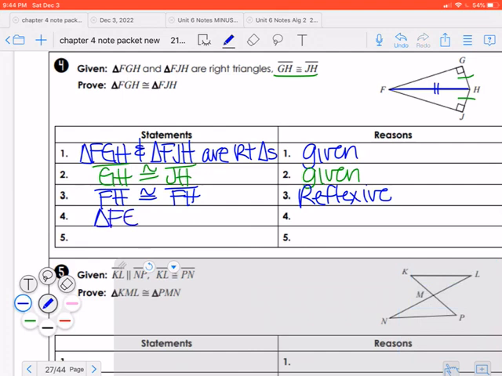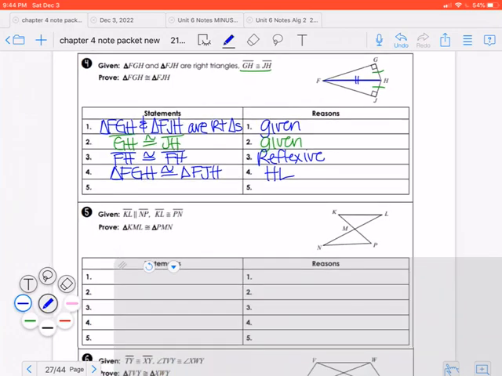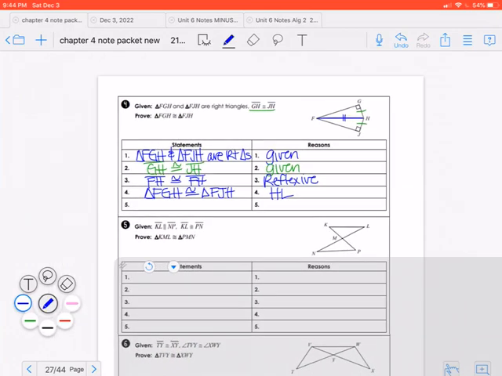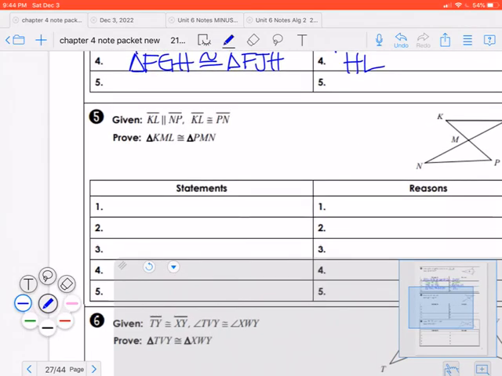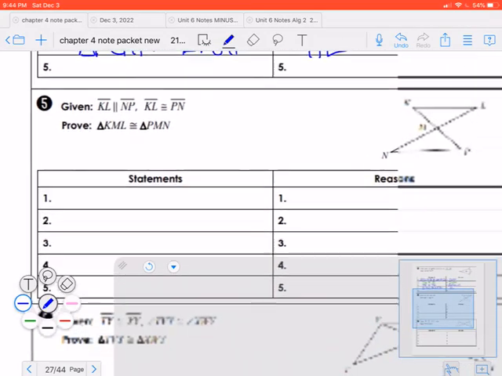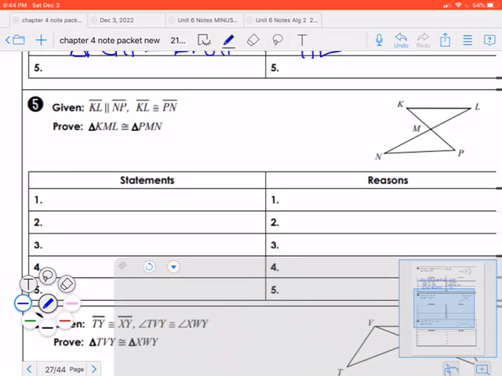Triangle FGH is congruent to triangle FJH by HL, hypotenuse leg. Okay, please pause and try number 5 and come back to the video after everyone's given it a try.